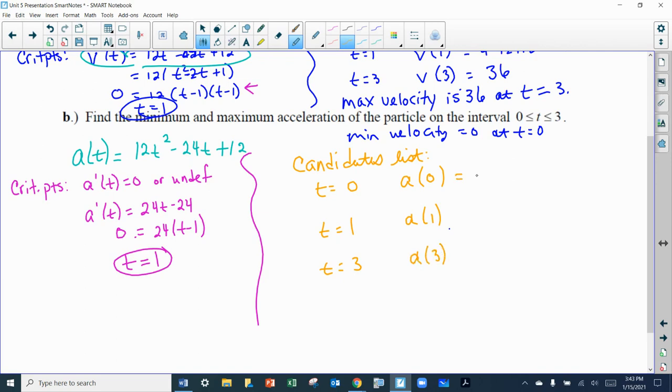Taking it into acceleration, I'd have 0, 0, 12. Wouldn't I? 0 minus 0 plus 12 makes 12. 1 goes in. I'm going to have 12 minus 24 plus 12. I'm looking right here. 3 goes in. 3, 9, ooh, big numbers. Comes out with 48.